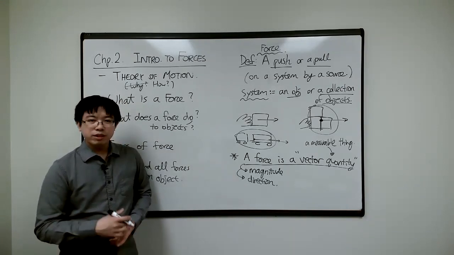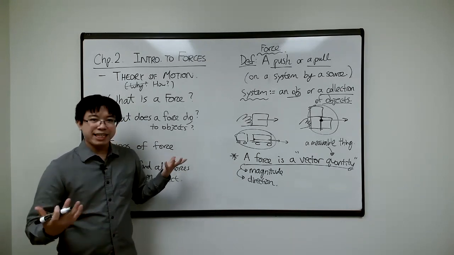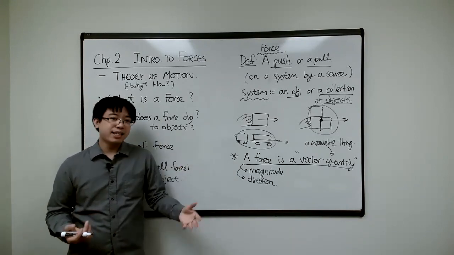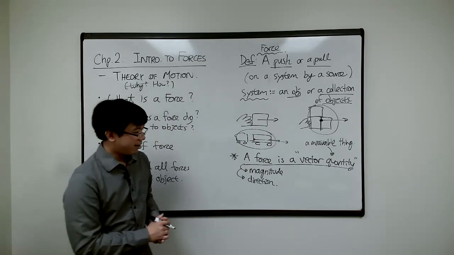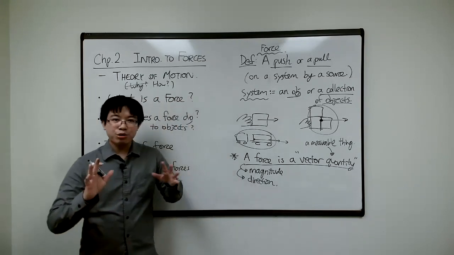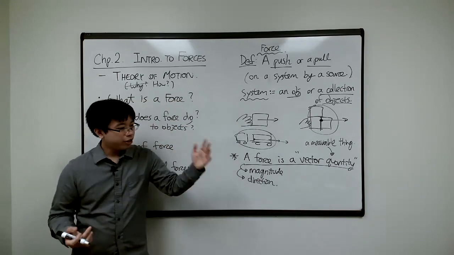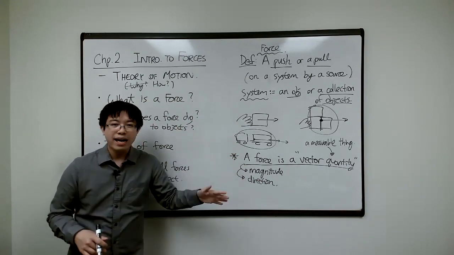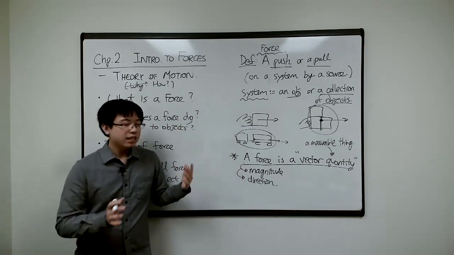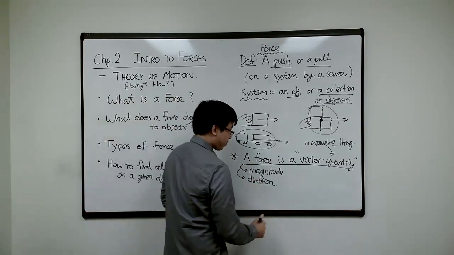So you've heard of, for example, gravitational force. I can tell you how strong that is and also in which direction, in this case, going towards the ground. So it has a magnitude and direction. Direction, we learned exactly how to describe that already, like 30 degrees north of south or 30 degrees clockwise from the positive x-axis or something like that. You learned about how to talk about directions.